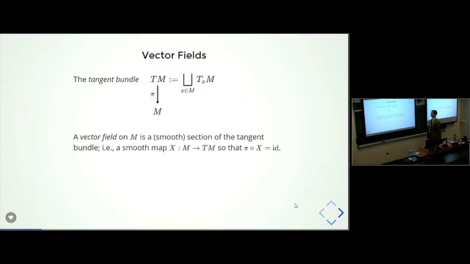Okay, what's the tangent bundle? Well, at each point in my manifold, I have a tangent space. I haven't really told you how to define the tangent space. I'll say more about that in a minute. But I have some tangent space, which is some vector space. So each point has a vector space. So I have this family of vector spaces which are parametrized by the points in the manifold.